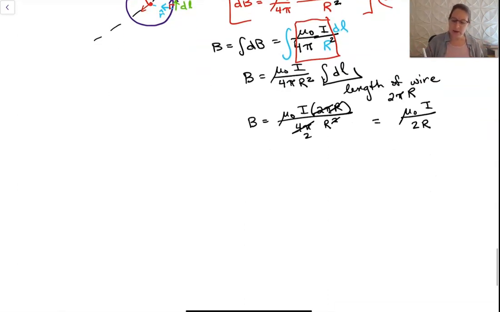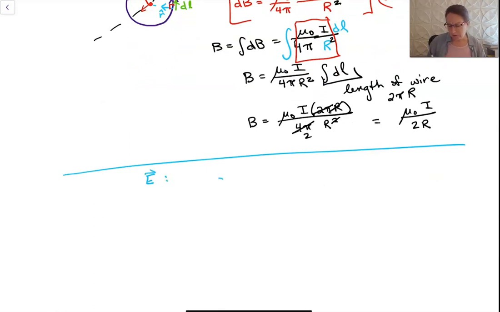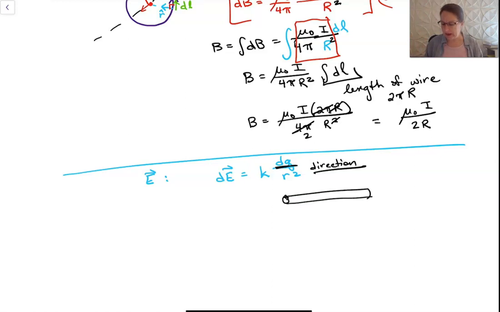So when we had electric fields, we said our dE was equal to k dq over r squared, plus the direction, whatever that was, the direction that a positive charge would feel. And we had to integrate up over all these charges. We added them along a wire, for example. This is the one we did in class, right?